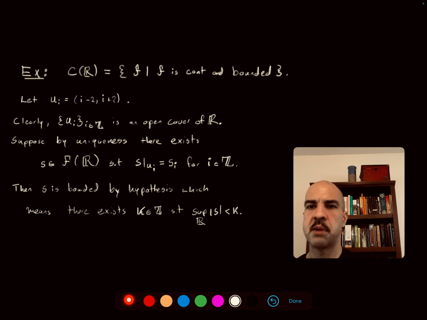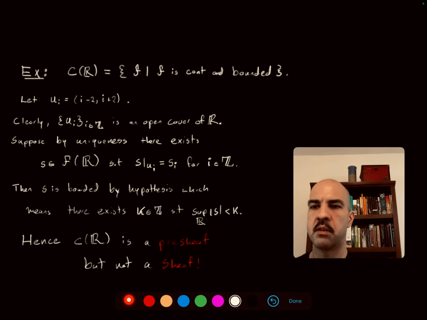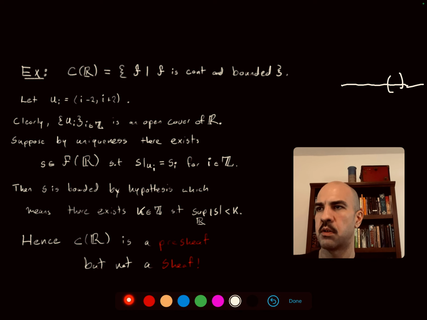Well, then by our hypothesis, if s is in our pre-sheaf, it's bounded. Then this means that there's a K such that the supremum of s is less than or equal to K over R. But then this is a contradiction, because for every open set all the way out, there's some K which it's not less than.